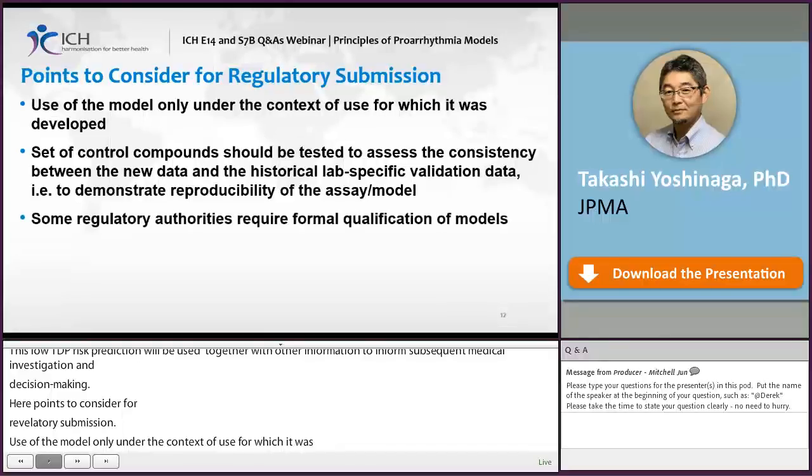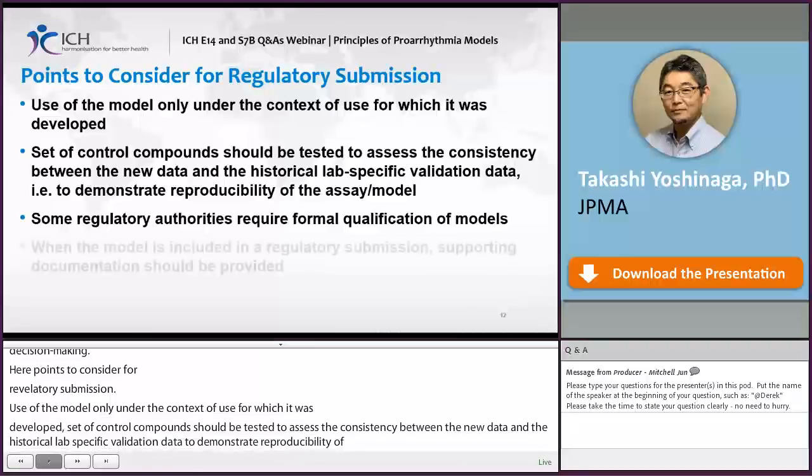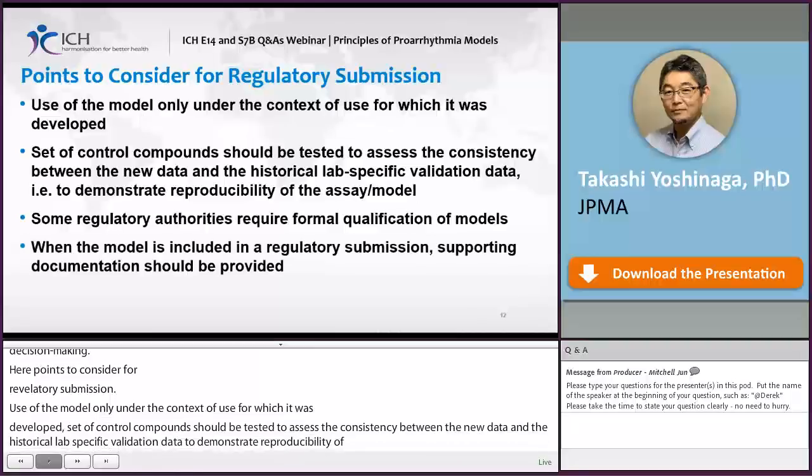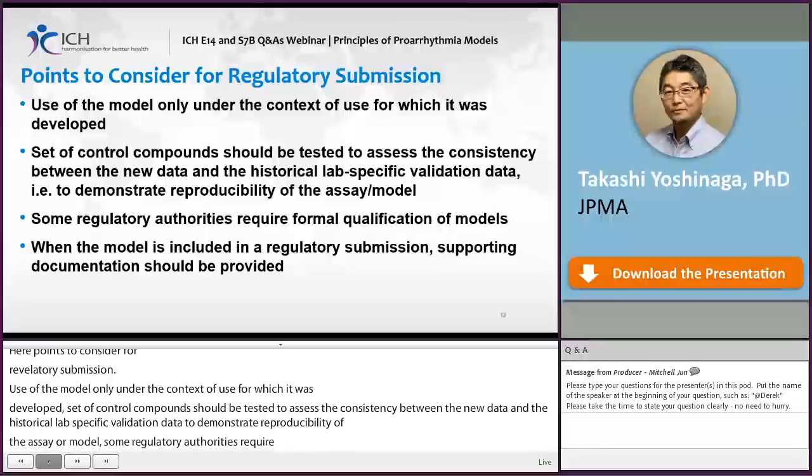Some regulatory authorities require formal qualification of models. When the model is included in a regulatory submission, supporting documentation should be provided.